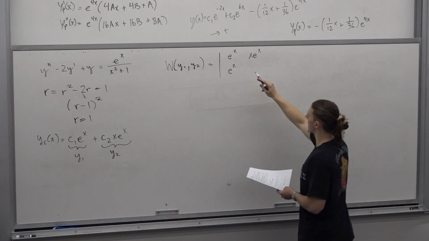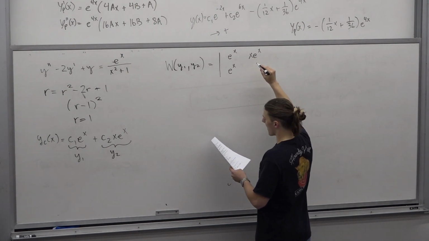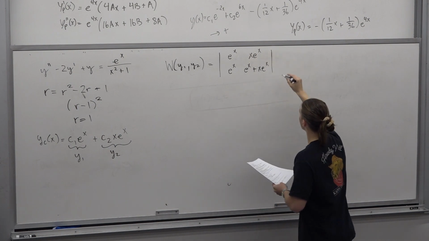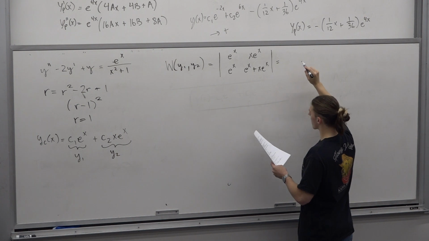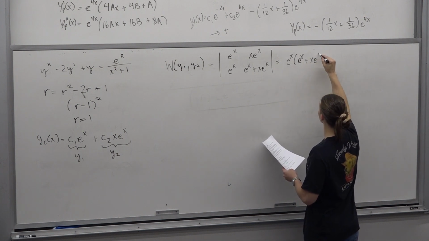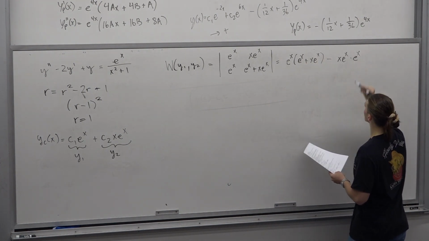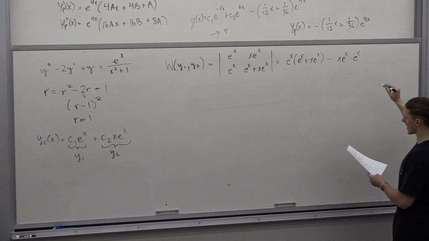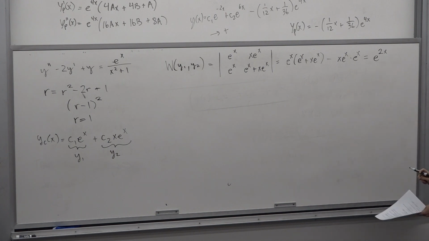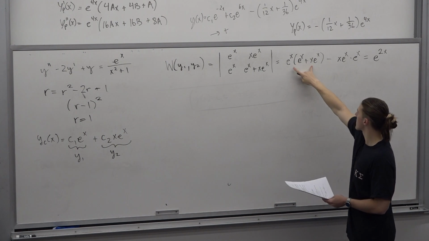The derivative of e to the x is just e to the x. The derivative of x e to the x is e to the x plus x e to the x. When we evaluate this, this comes out to e to the 2x. When you distribute it, this term cancels out with this term.